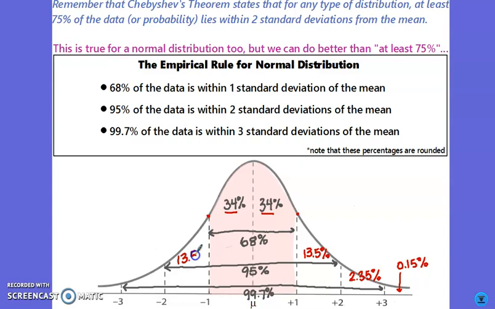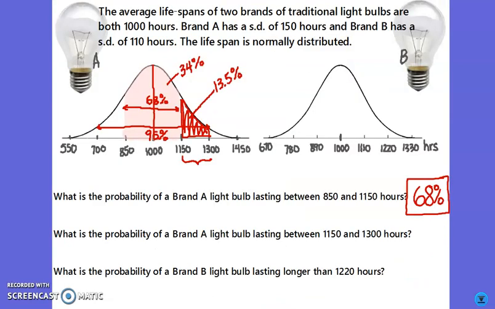We're going to be using those enough that I think that's worth labeling on your graph here. So we are going to say 13.5% for this one, for brand A.